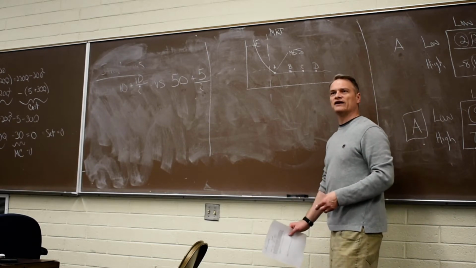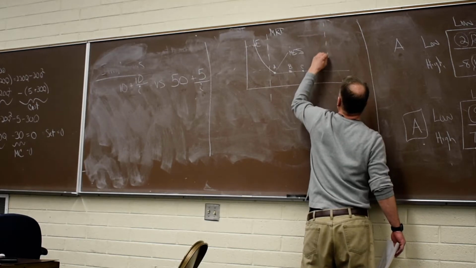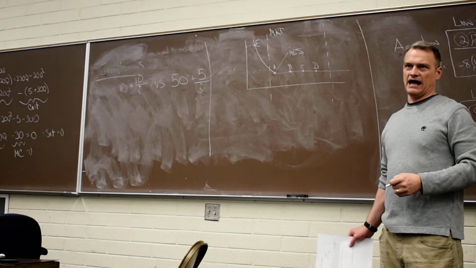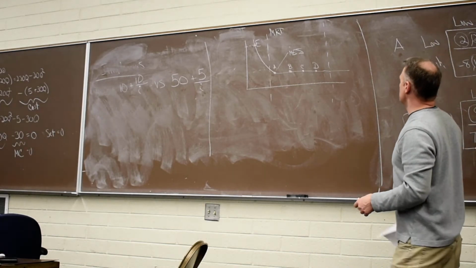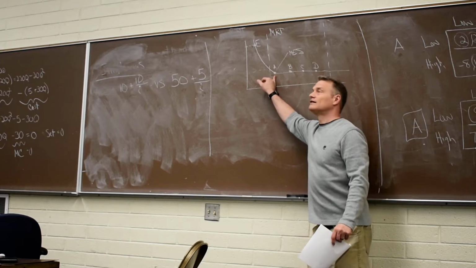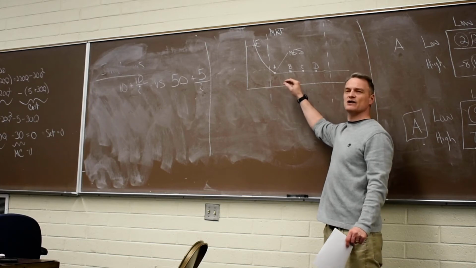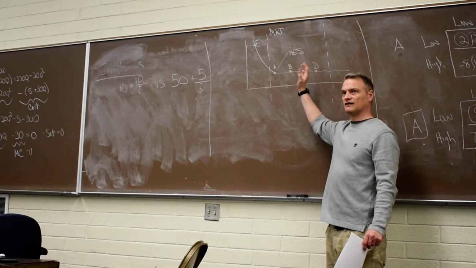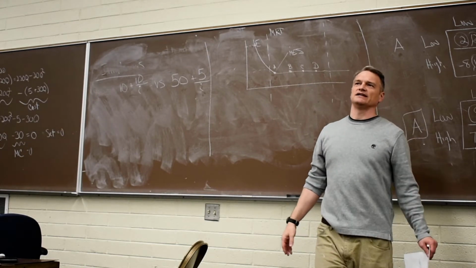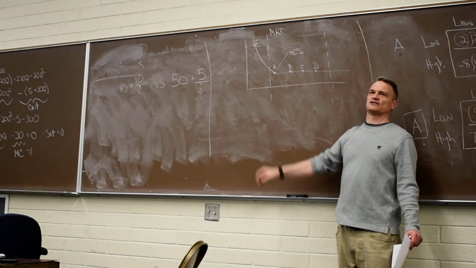Okay? What if now I move the size of the market way over here? So if the minimum efficient scale is small relative to the size of the market, I can have a Ford, a GM, and a Chrysler, like big firms, but they're all operating down here at this minimum efficient scale, so they don't have a cost advantage.